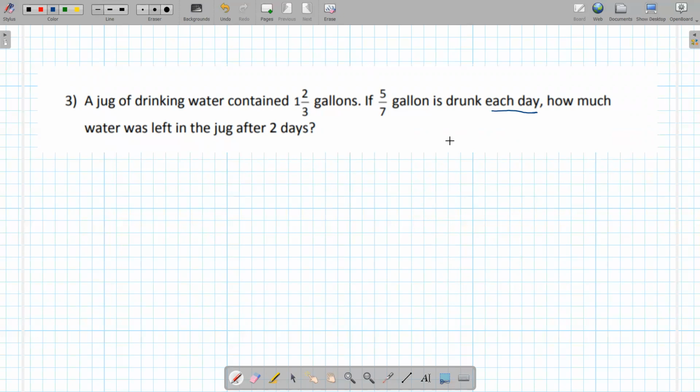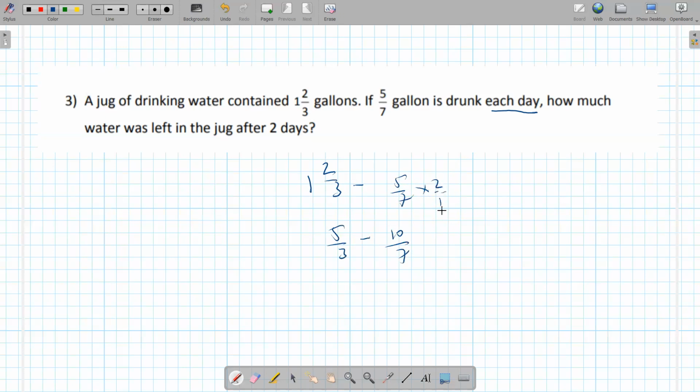Do you just subtract 5 over 7 times 2? Yes. So 1 and 2 over 3 minus 5 over 7 times 2. So that's 5 over 3 minus 10 over 7, yeah? Why is this 10? Because this has a denominator of 1.